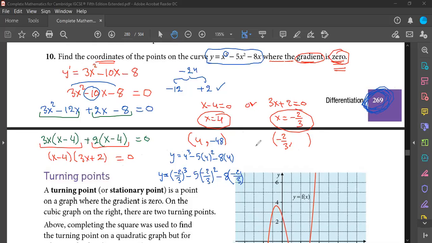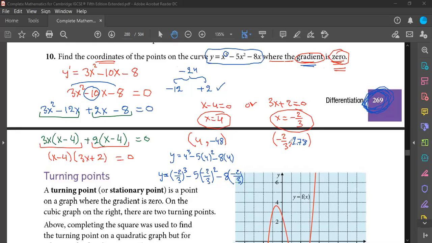It equals 2.78, so we could say 2.8. Okay, thank you. So now the curve has a gradient of 0. Sometimes you see this question: find the coordinates of the point where the curve has a gradient of 0.